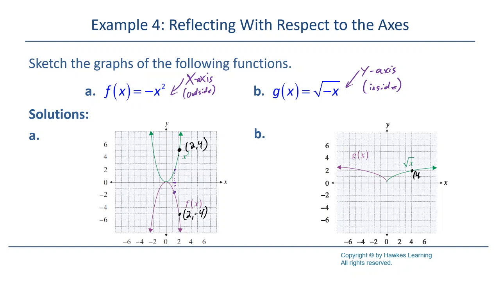So there's the point 4, 2, and that's on the original function. Then, if I come over here, then the point -4, I also get 2, because what I'm doing is taking the square root of the -4. Negative times a negative is a positive. So that's how we get those values. So just be careful about the reflections and what happens.